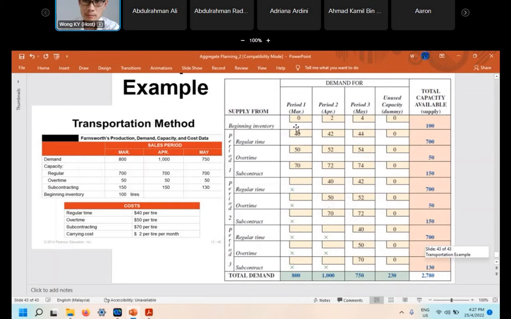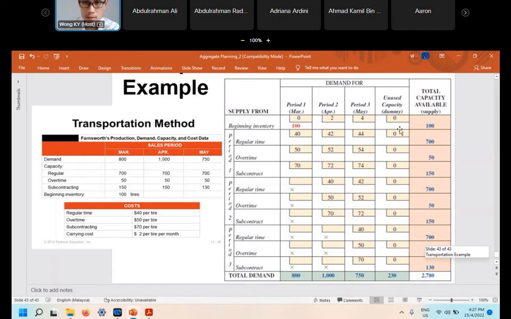Okay, so it means the maximum quantity that I can assign here is 100. So we assign 100. So basically what it means is in period 1, first you have to use up this beginning inventory, 100. Right? Okay, so we are done with this cell.